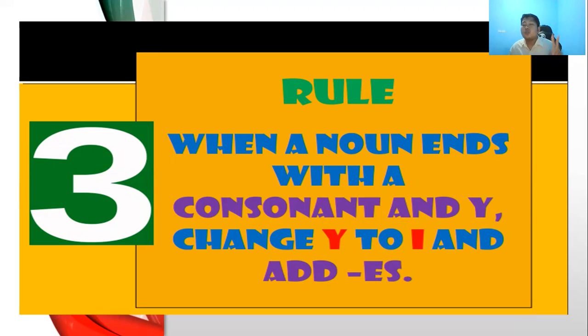Rule number two, add es to the word that ends with ss, x, ch. So that's rule number two. And rule number three, when a noun ends with a consonant and y, what is a consonant? B, C, D, F, G, H. So we have to change y to i and add es.